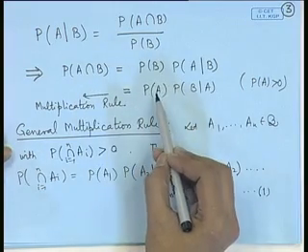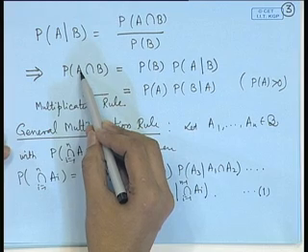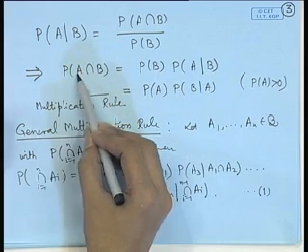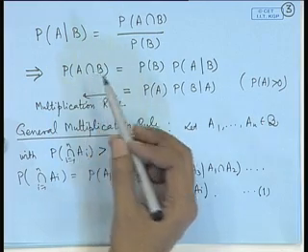That means, suppose A is the event of getting cured and B is the event of taking a particular treatment.